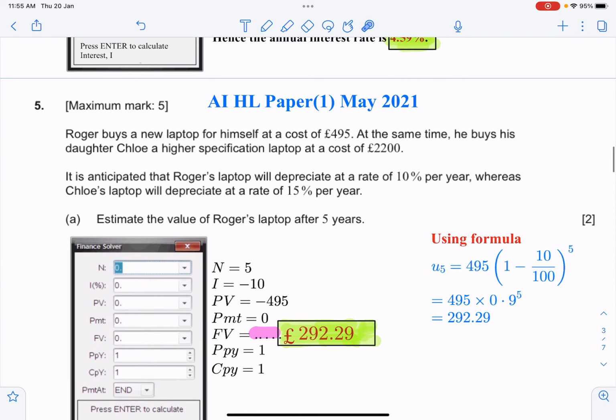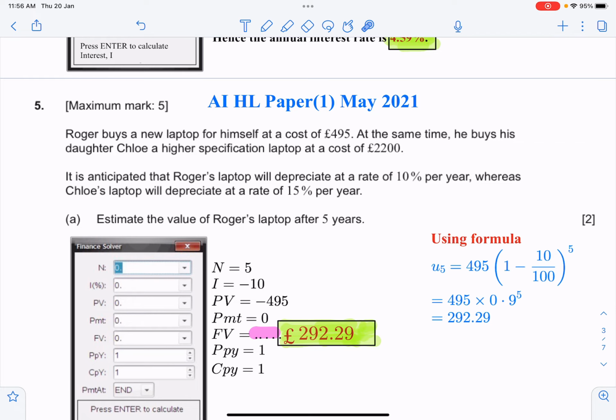Look at the question. Roger buys a new laptop for himself at the cost of pound 495. At the same time, he buys his daughter Cole a higher specification laptop at a cost of $2,200.